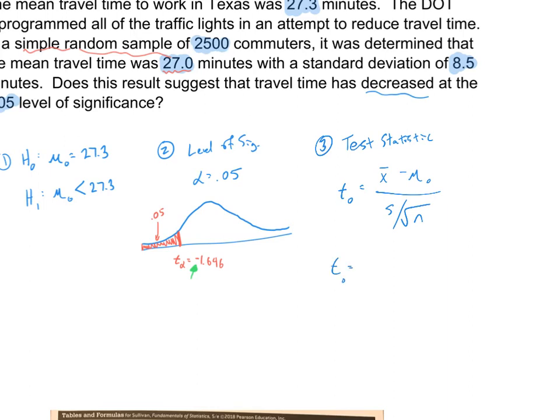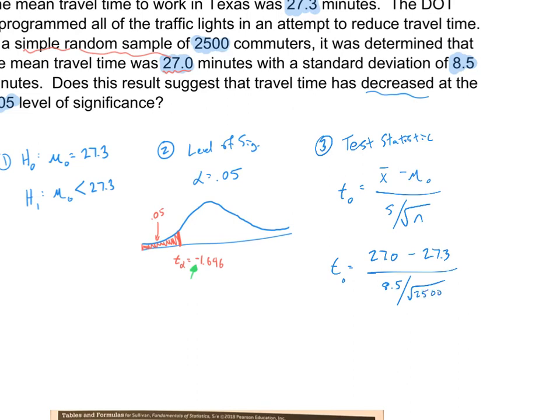Substitute in everything that's given to me. X bar is the 27 minutes. Mu naught, 27.3. Sample size, huge. Oops, no, that's wrong. Standard deviation's up top. Sorry about that. 8.5 over the square root of the sample size, which is huge. There we go. That's much better.